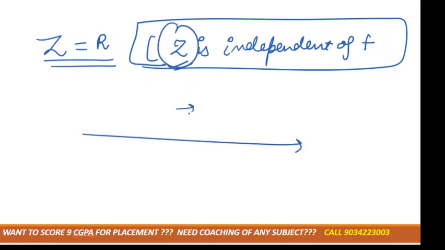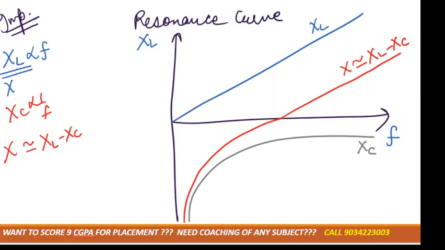Let us consider the Z value is 5 ohm, so it will be fixed. So for this constant, the graph is a straight line. This is for Z, imagining the Z value is 5 ohm. At each and every point of time the Z value is the same. You can see that frequency is continuously increasing, but the Z value is constant, right? Clear?